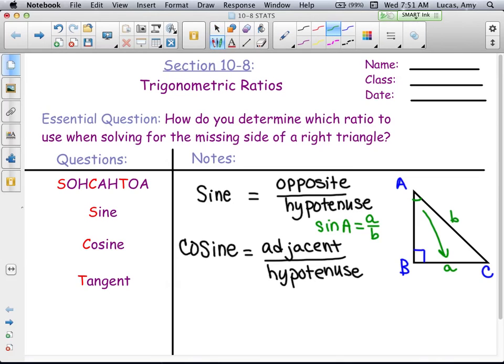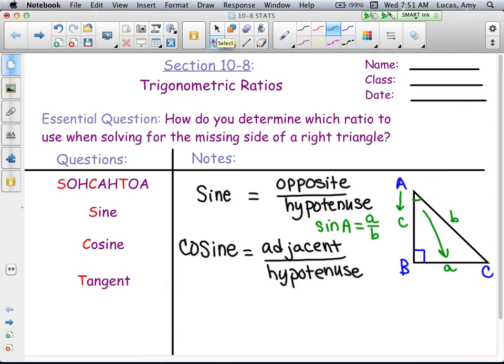So the side that would be adjacent to A would be right here, next to. Now you may be looking at this picture saying, well, this little B over here looks like it's also next to that capital A. That B represents the hypotenuse.